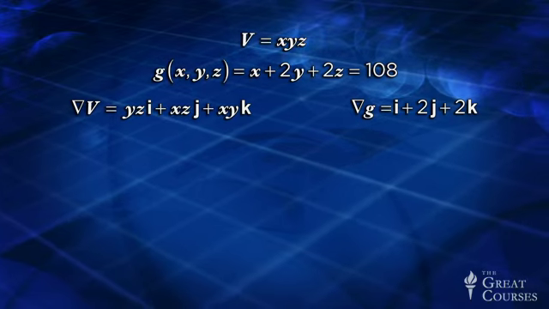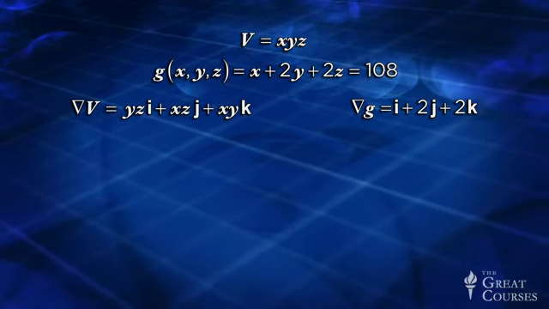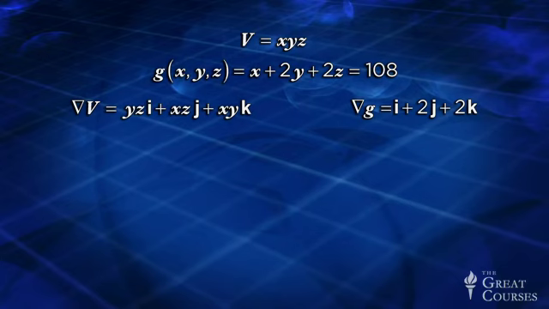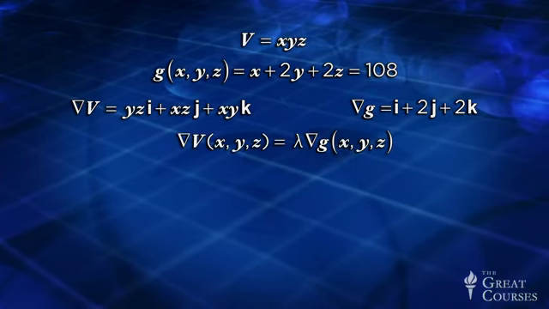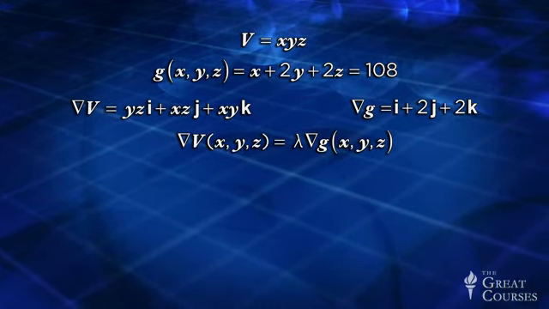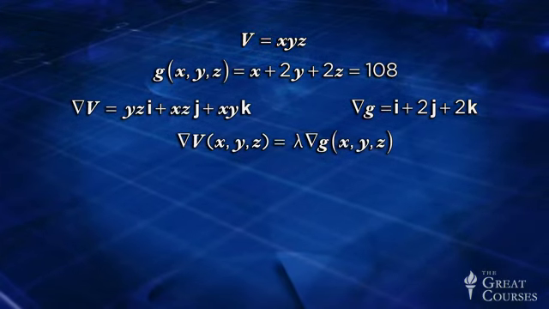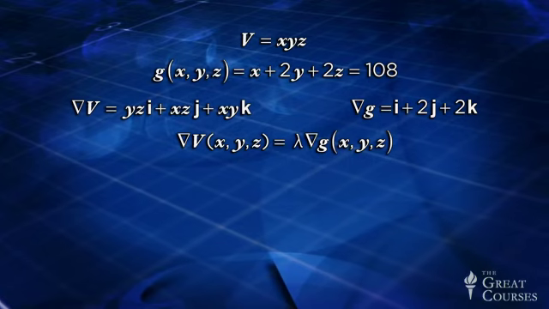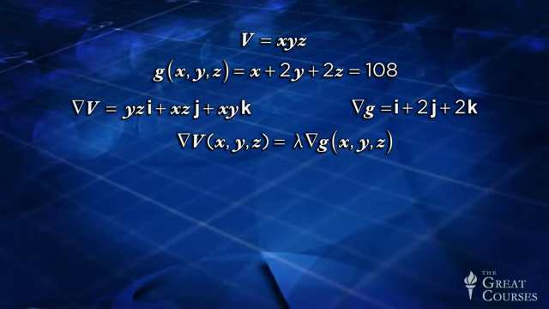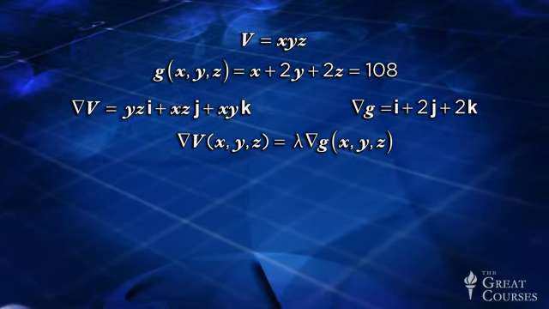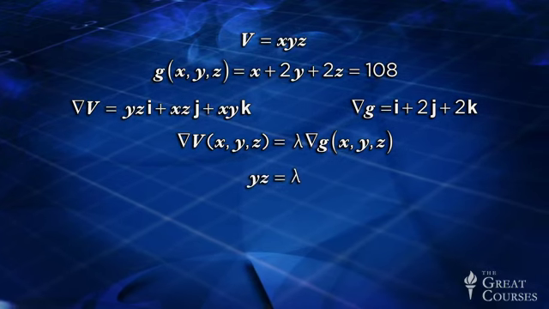All right, so I know my two gradients. That's the calculus portion of the problem. I set the gradient of V equal to a multiple of the gradient of g, and this will yield our system of equations when we throw in the constraint. Here's the system. Equating the i components, yz equals lambda.